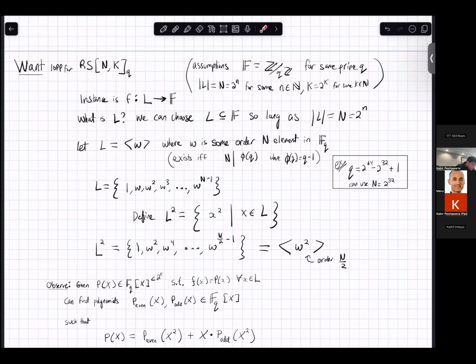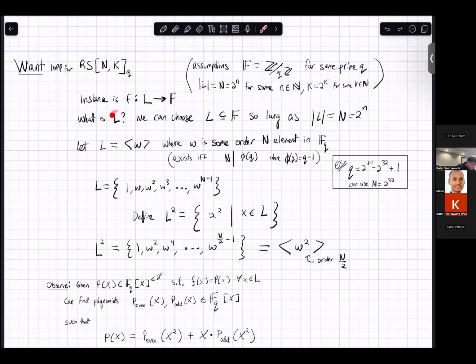So our instance here is some function f, which maps some domain L of size capital N to F. Another thing I'm assuming is that this capital N and this capital K here are both powers of 2. So our instance is a function that is a vector of evaluations.